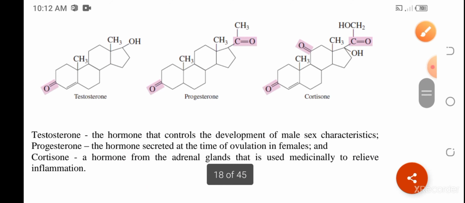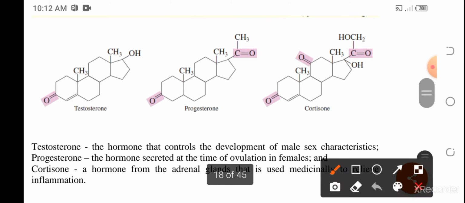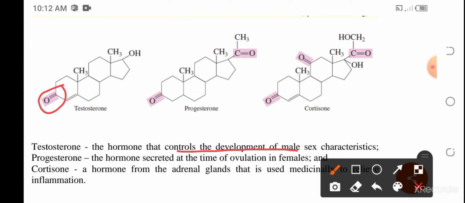We also have testosterone. This is its ketone part. So that is the hormone that controls the development of male sex characteristics. Progesterone. So there are two ketone parts in progesterone.